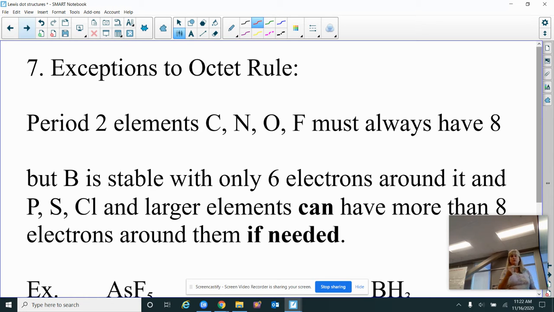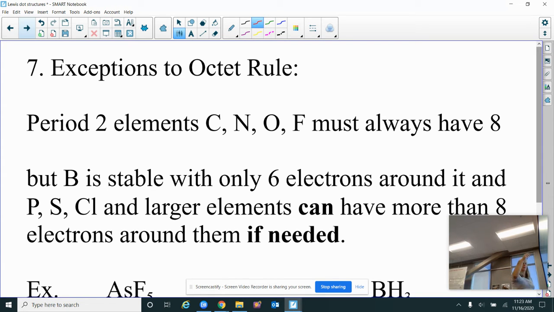So that's still true. We are trying to get 8, and carbon, nitrogen, oxygen, and fluorine will almost always have 8. Carbon will always have 8. Nitrogen almost always. There's a couple exceptions where we end up with an odd number of electrons that nitrogen would maybe only have 7. But for the most part, those guys will have 8, and they cannot have more than 8. They're not big enough.